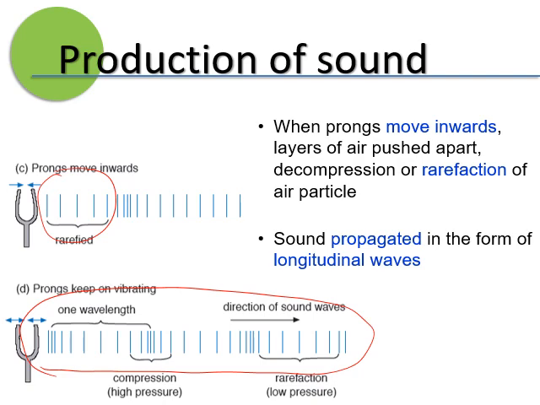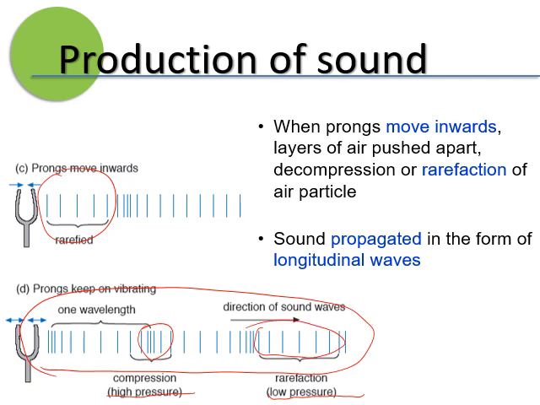I want you to study the diagram carefully. You can see that they even tell you that the compression is of high pressure and rarefactions are of low pressure. In the compression, all these layers of air are squeezed together. Rarefactions are when the layers of air are more spread out.